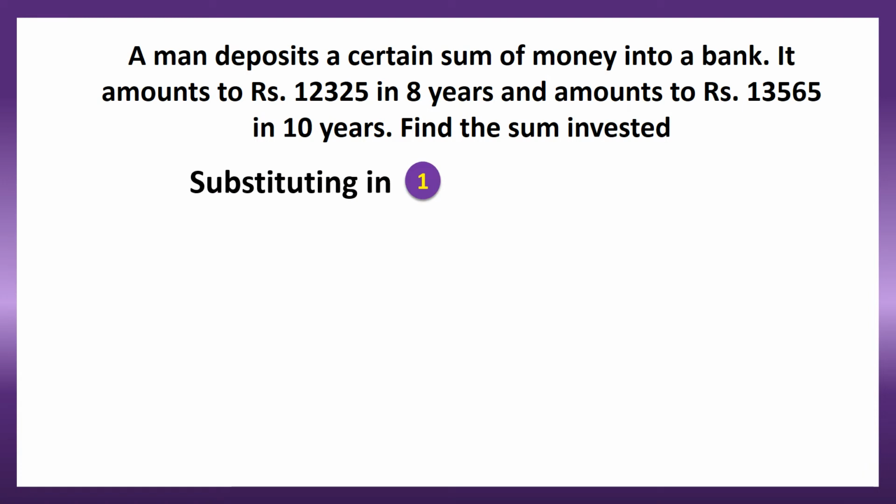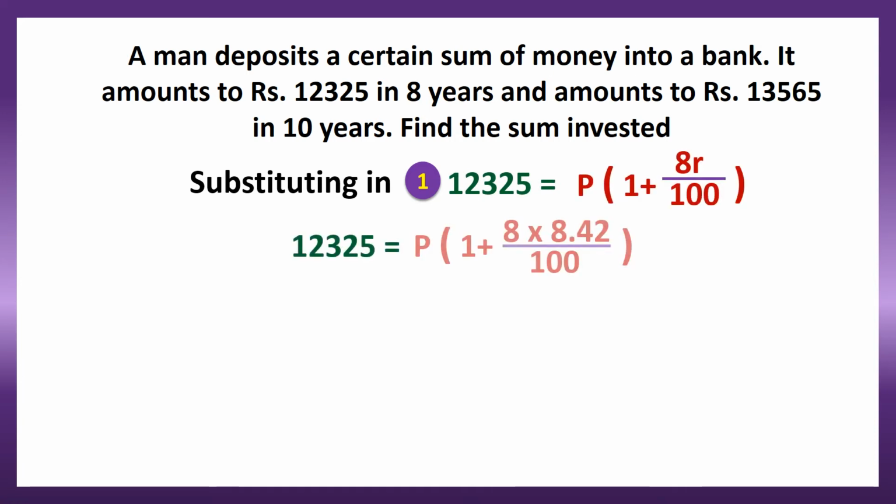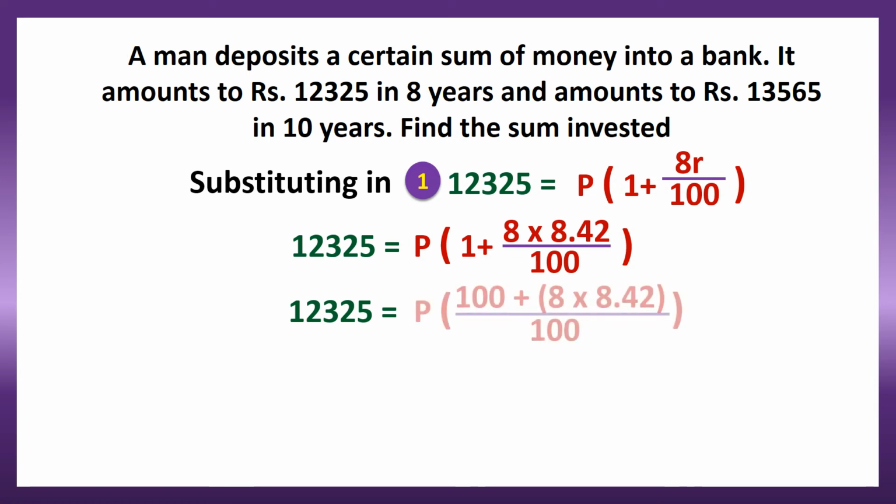That can be substituted in any one of the equations. Let us substitute it in equation 1. 12,325 is equal to P into 1 plus 8R by 100. R is substituted. So that becomes P into 1 plus 8 into 8.42 divided by 100. So 12,325 is equal to P into 100 plus 8 into 8.42 divided by 100. The denominator of 1 is 1, so in order to make 100 the common denominator, 1 is multiplied with 100.